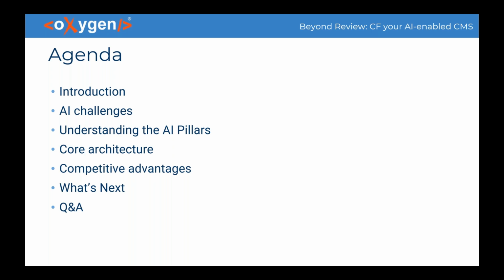Then understanding the AI pillars on which Content Fusion is based in order to tackle these challenges. Then we will present the core architecture of the Content Fusion CMS, and then proceed to the competitive advantages or strong points of Content Fusion. And at the end, we'll share a bit of what's next for Content Fusion, and we'll end with a Q&A section.